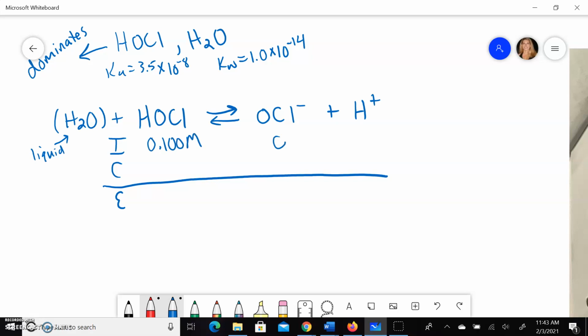In the beginning, we don't have any of this because it hasn't broken apart yet, and we do have a very small amount of H plus from the water, so we'll put a little tilde there. That little squiggle means just a little bit, or very close to 0, but this is going to be an insignificant amount from water.